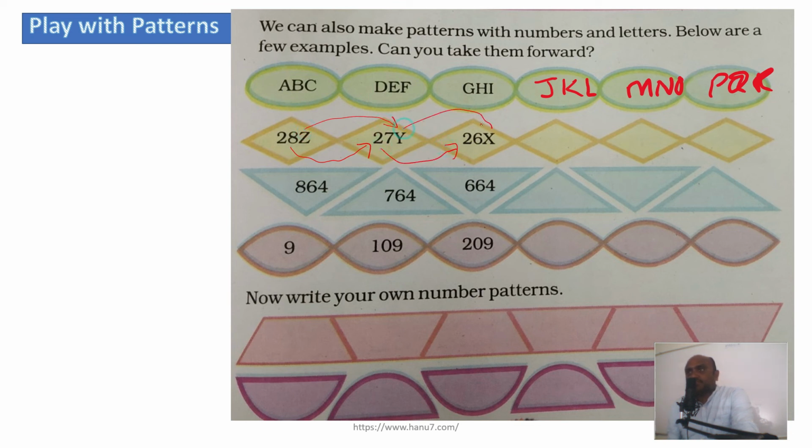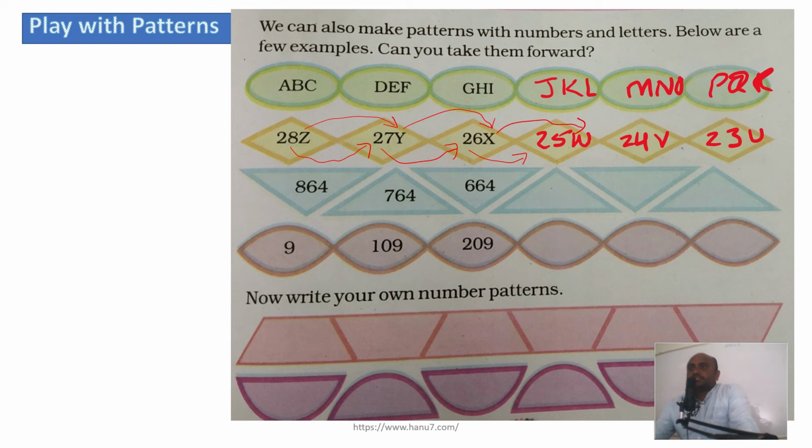So the next one is 25, 26 will become 25, and then X will become W. And then similarly 24 and 23, U, V, W, X, Y, Z, 23, 24, 25, 26, like that.